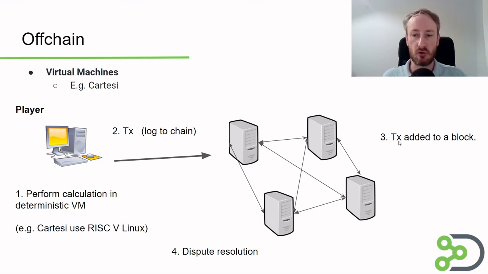That's added to a block, and then for some period of time after that transaction appears in the chain, there's some dispute resolution period for people to complain and to dispute whether the actions were done correctly, or one person's tried to cheat another, or whatever.